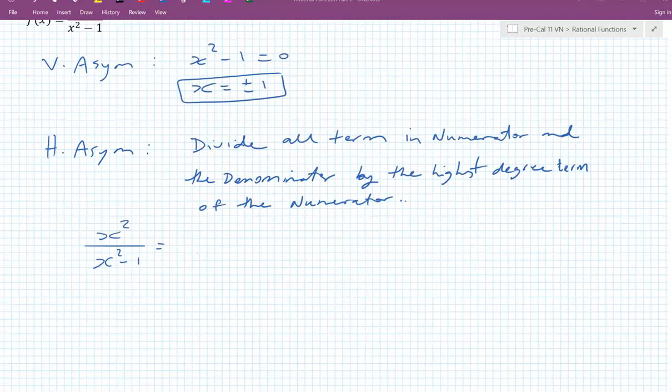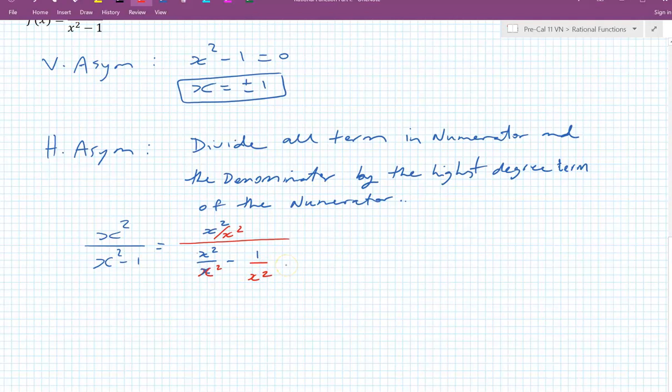So basically you will do the division x squared divided by x squared on top, and then you do the same thing for all of these terms, including the -1 divided by x squared.